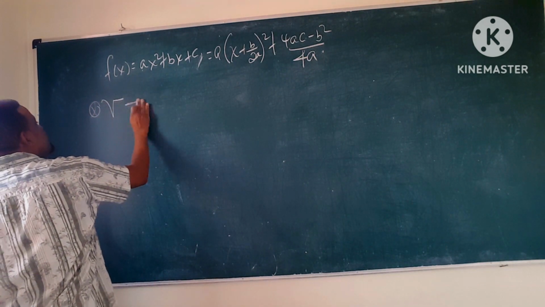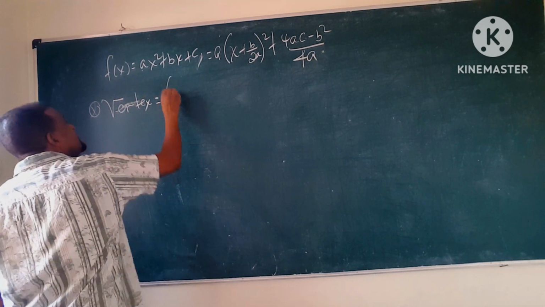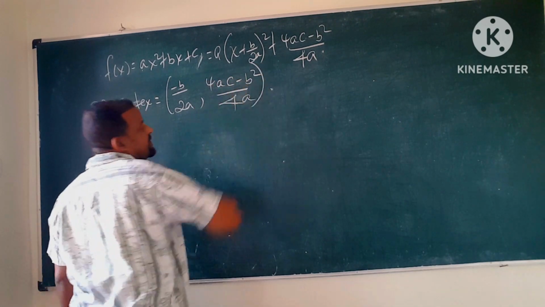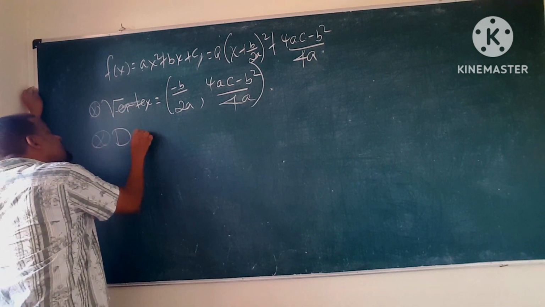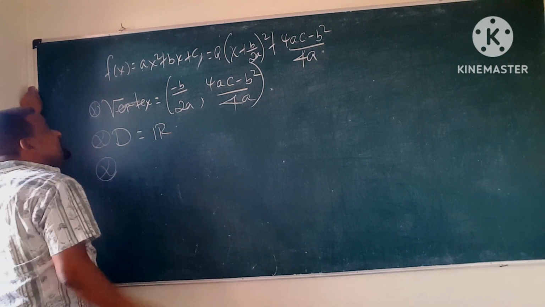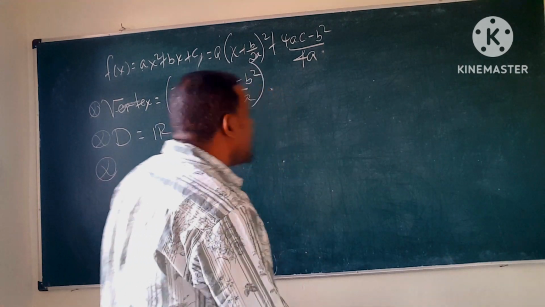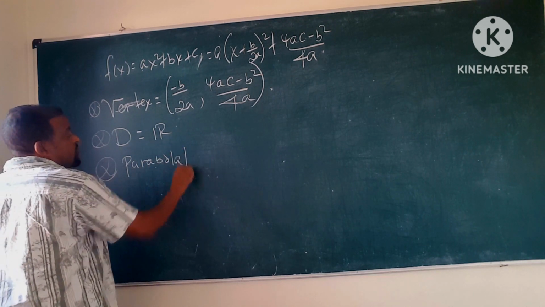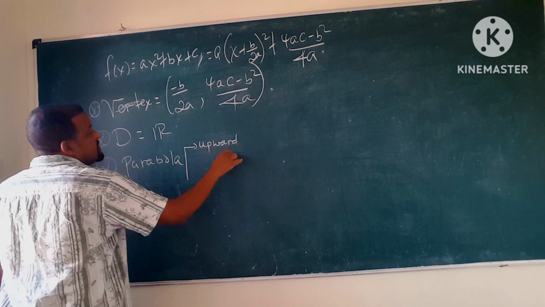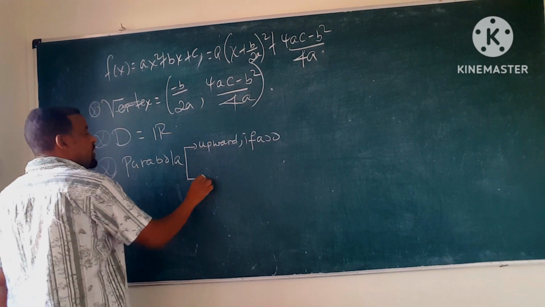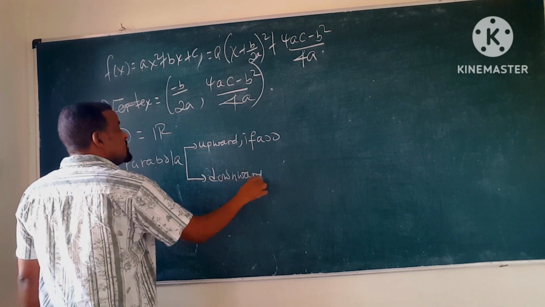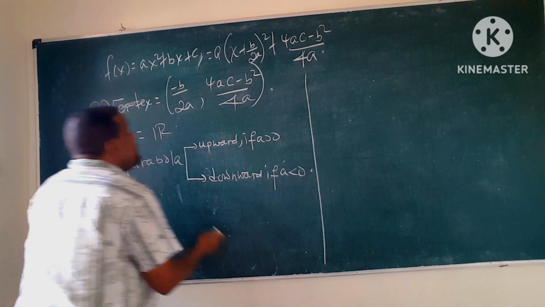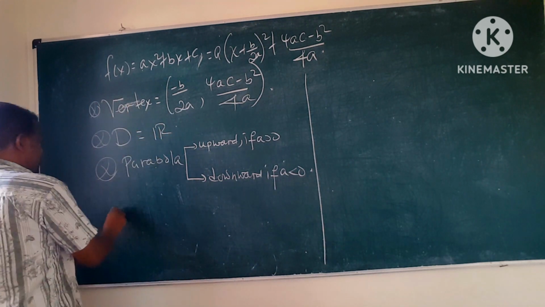What is our vertex? The vertex is negative b over 2a, and (4ac minus b squared) over 4a. Our domain is always all real numbers and doesn't change. The parabola is upward when a is greater than 0 and downward when a is less than 0.